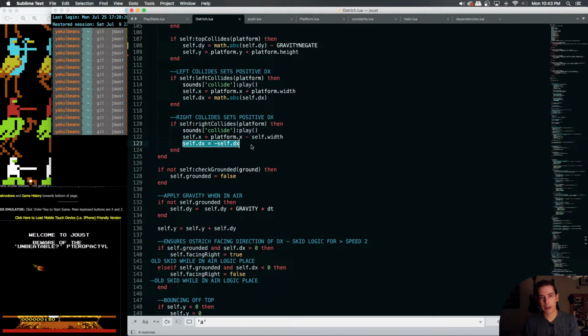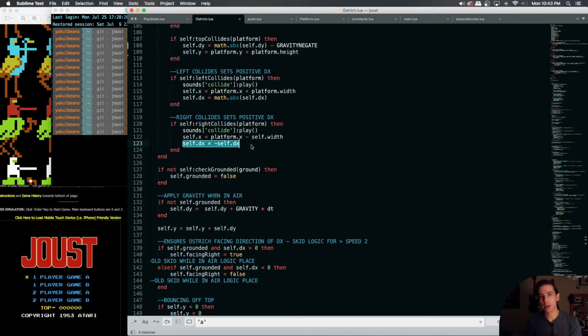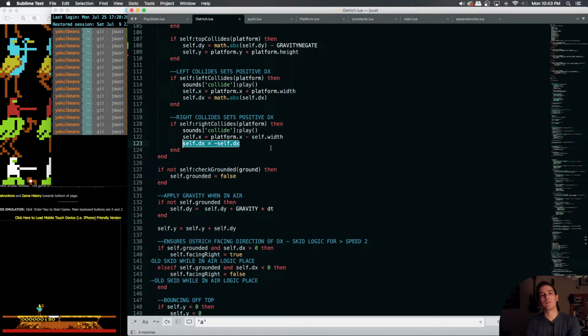We can get rid of that if we no longer have this line in our right collides. So the tricky thing is, this is why it was messing up our direction, depending how long it was colliding.